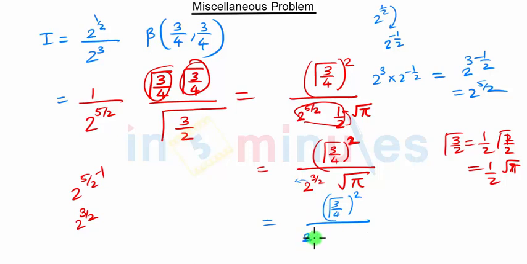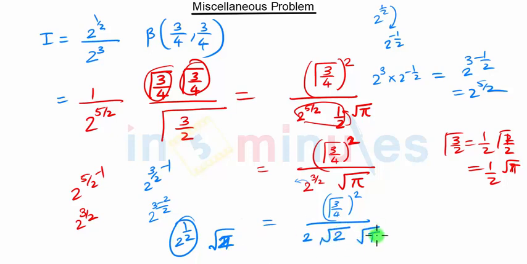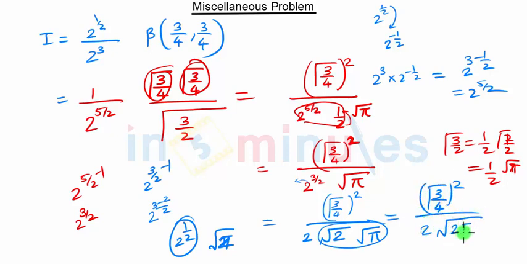Since we are taking one 2 outside, it will be 2 raised to 3 by 2 minus 1, which will be 2 raised to (3 minus 2) upon 2, which will be nothing but 2 raised to half. 2 raised to half is nothing but root 2. So here we have root 2 into root pi. If we combine these two, we will get gamma of 3 by 4 the whole square upon 2 root of 2 pi. So this is how we simplify our equation.